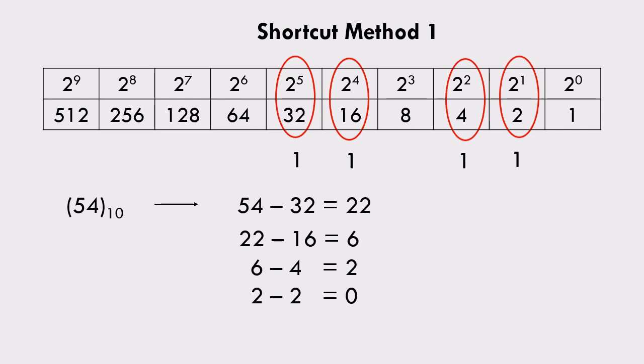We have to stop now when we get the answer as 0. Now the remaining numbers where we have not written anything, we can add 0 below it. So my binary equivalent of number 54 is 110110. So this is the first shortcut method.